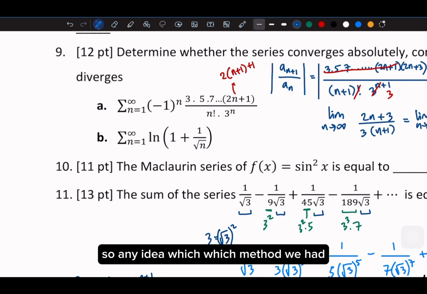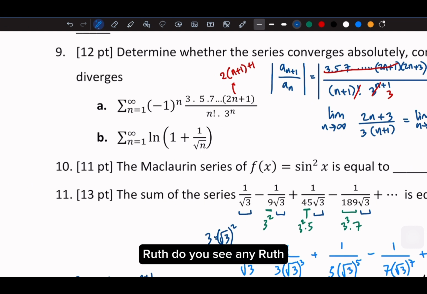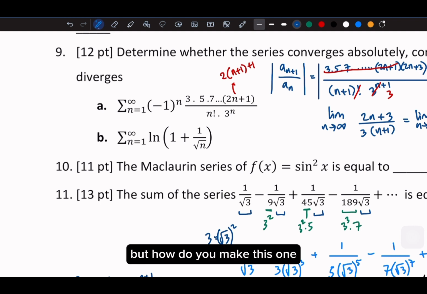So, any idea which method we are going to take for this one? Root? Do you see any root? Only this one, right? But how do you make this one?